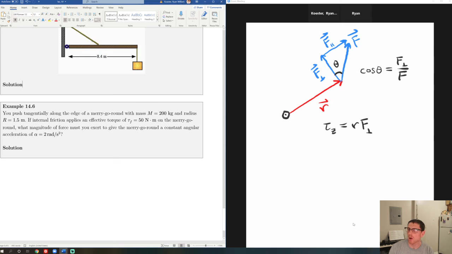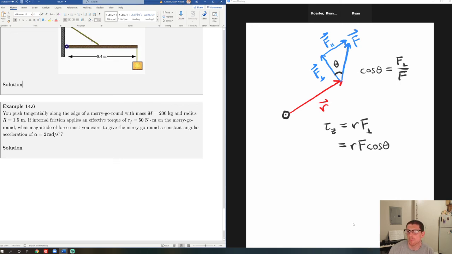And you might be like, well, hang on, Ryan. You said that it's r F sine theta, right? Why would we do cosine? And that's a great question. But remember that in that definition where we said it's r F sine theta, theta was the angle between the force vector and the position vector, right?